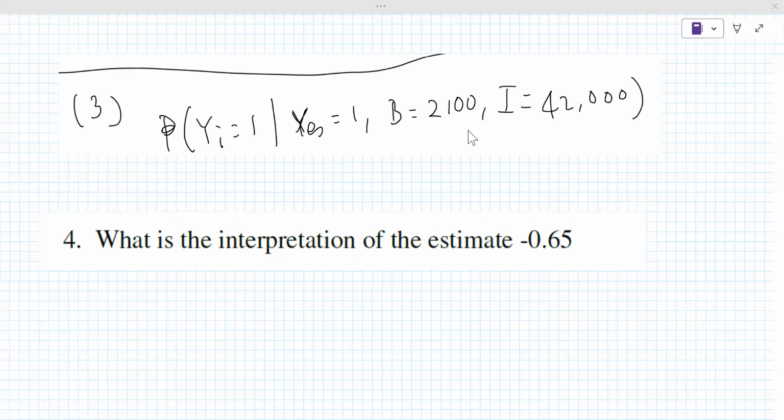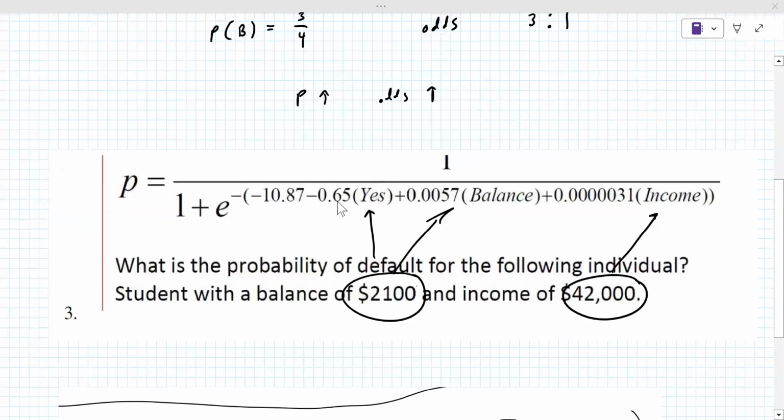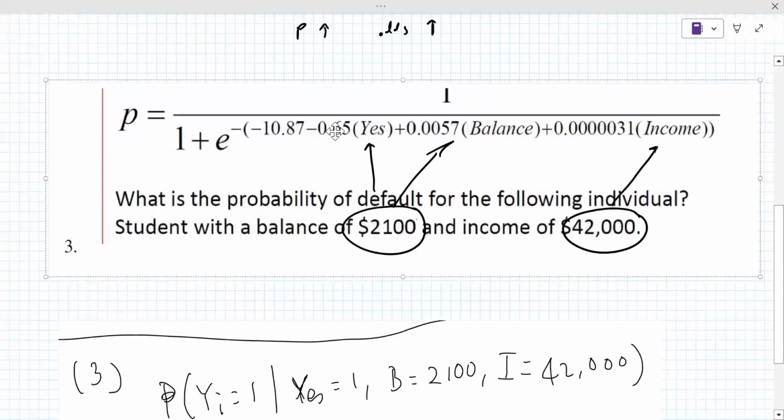I'm a little confused as to the interpretation of the estimate. Yeah. I don't want to describe this here. If this were a linear regression model, we would associate it with an increase in yes, or the fact that yes is some sort of variable.